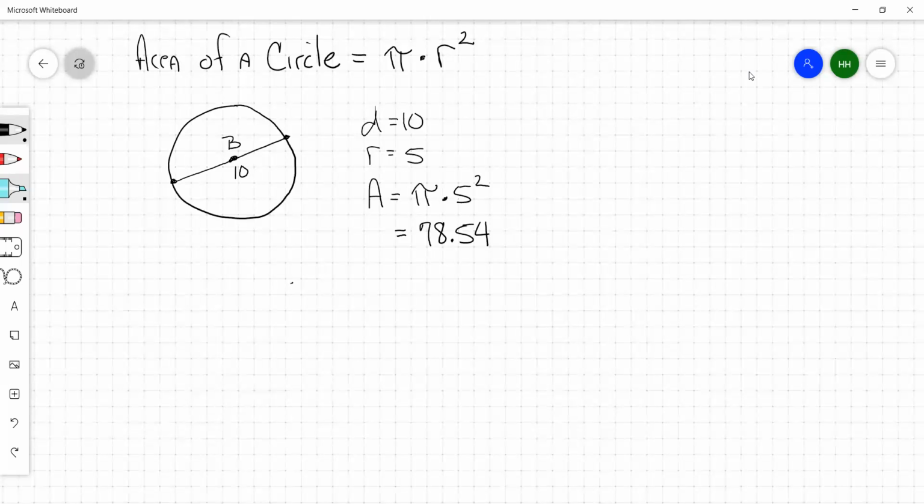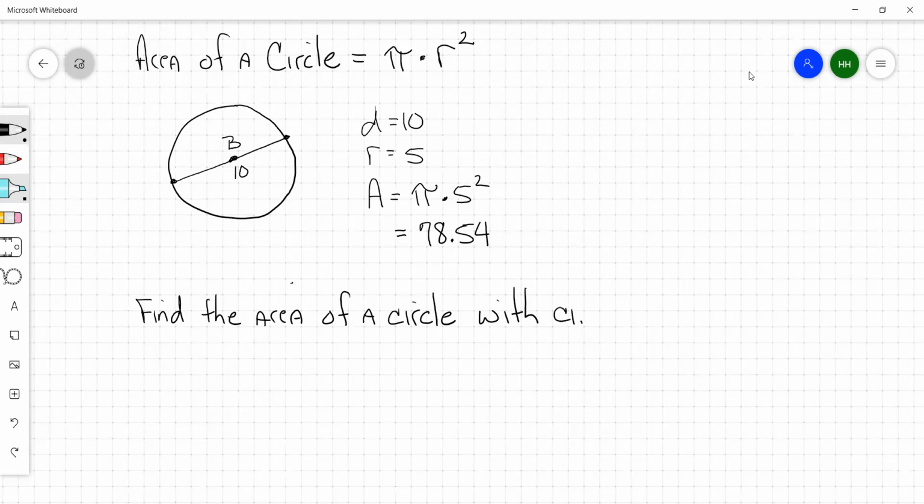Could you be asked to find the area of a circle with circumference equal to 21? All right, find the area of a circle with circumference equal to 21.